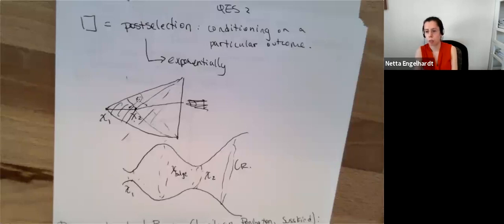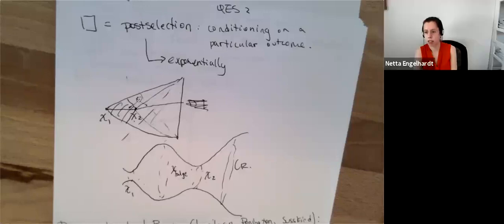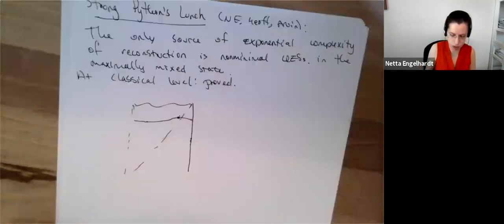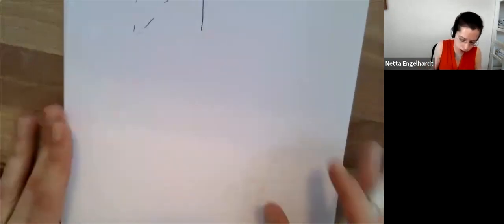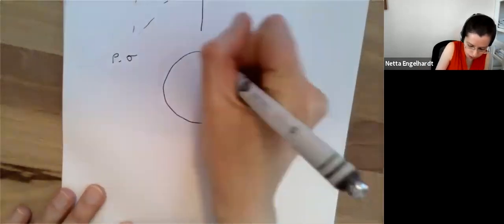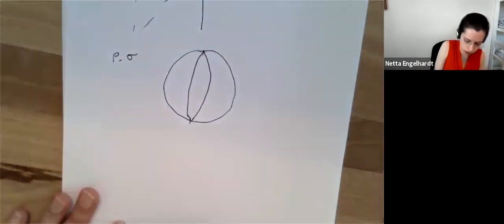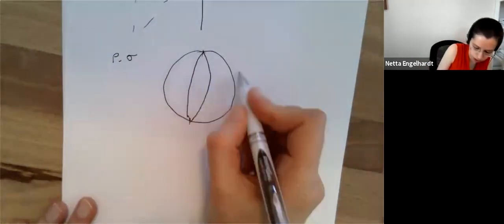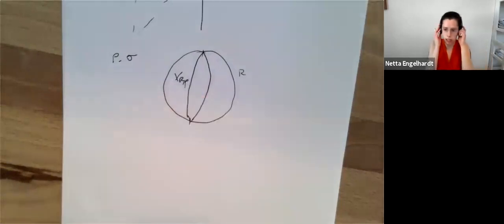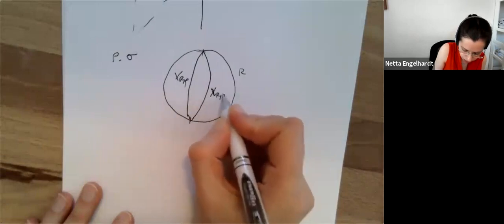Because you have to decide what wedge you're evaluating the modular Hamiltonian in, or what wedge you're defining the modular Hamiltonian in, right? So if I have two global states in the bulk, rho and sigma, and I have two quantum extremal surfaces, this is the quantum extremal surface in the rho state, and this is the quantum extremal surface in the sigma state.